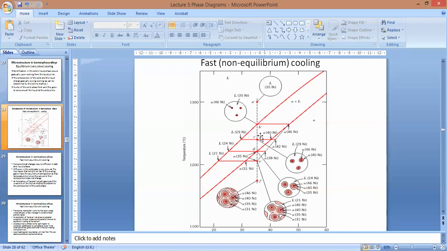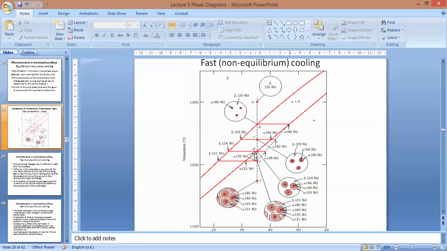So by the time you come to point C, what you see inside there is what formed here at 46 weight percent nickel. What is forming from C now is just simply layering itself on top of the already formed solids.